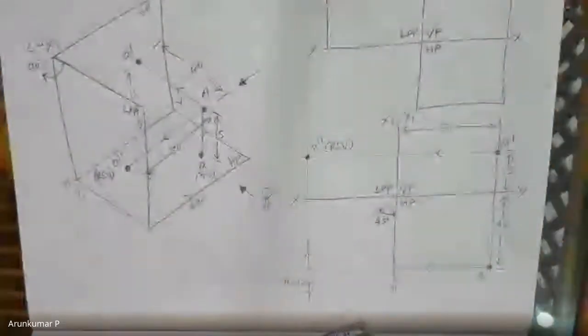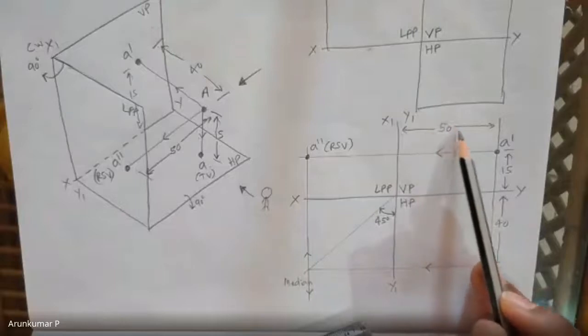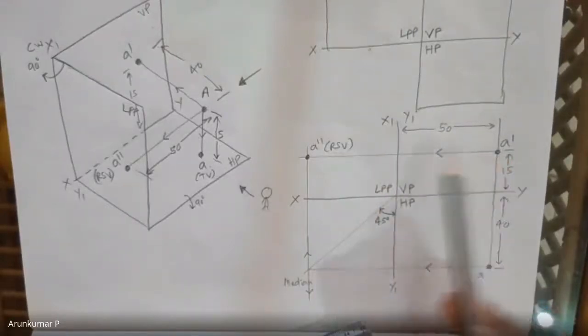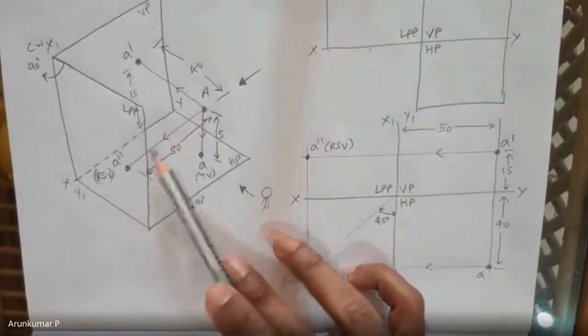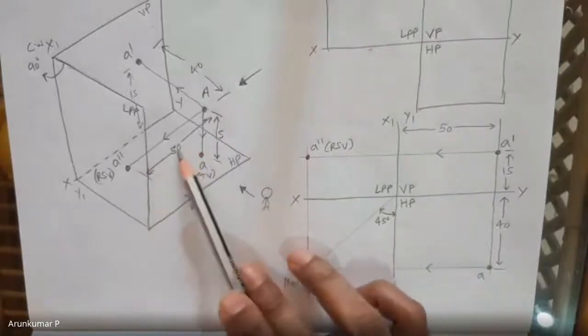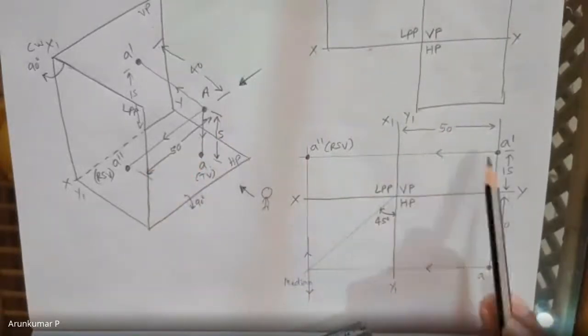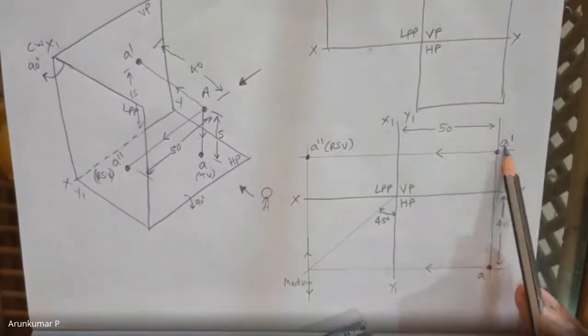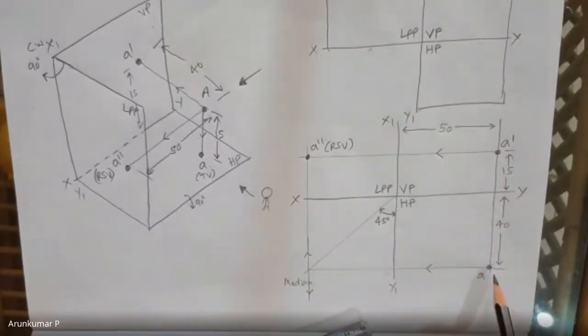So the important thing is this distance: how far the point is from the left profile plane or from the right profile plane. This distance is very important because it is at this distance that you have to draw the projection line, locate the front and top view, then project the top view onto the median line.